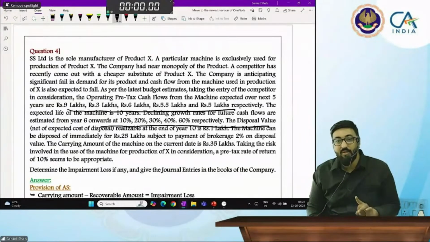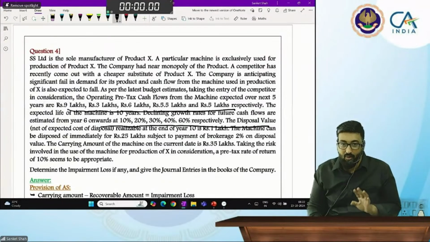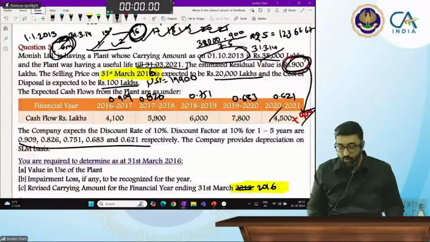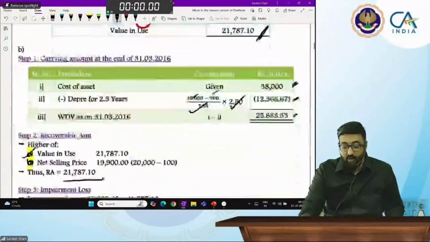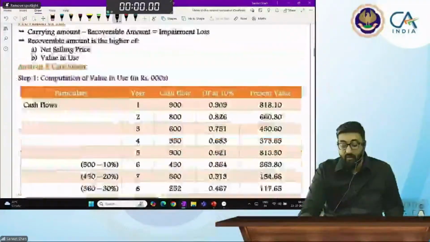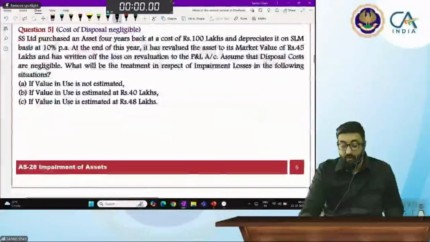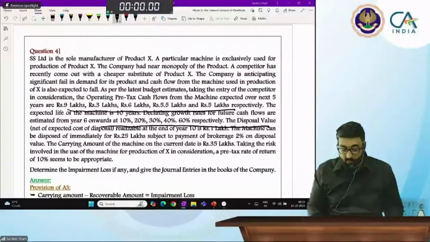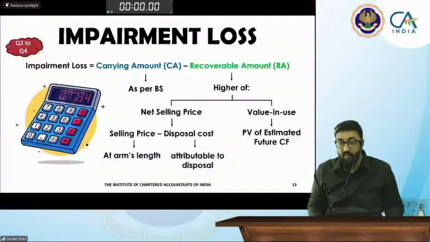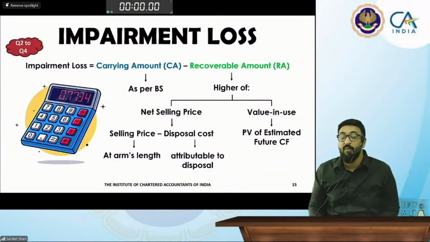You have to solve this question on your own in the break, not now, because I want to finish the revaluation concept. Before break, beta, we will finish the revaluation concept. After break, I will explain the CGU concept, which is very important.